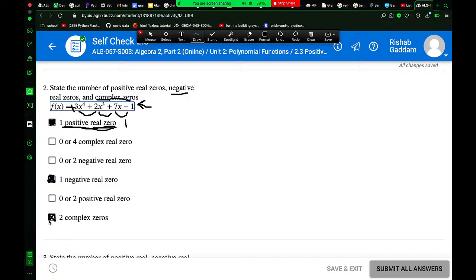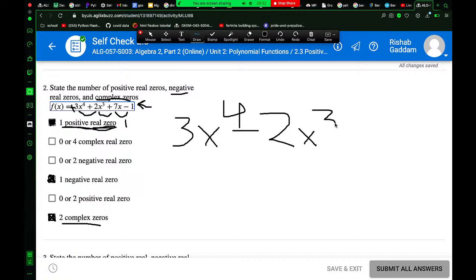I picked 2 complex zeros, because there's like 2 imaginary zeros left.